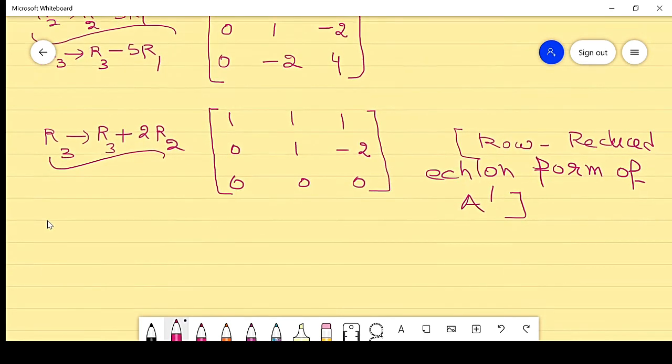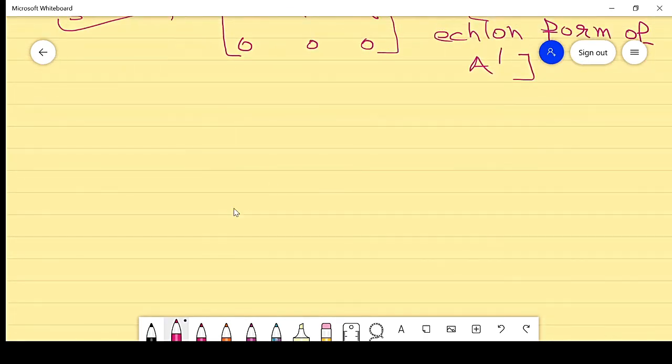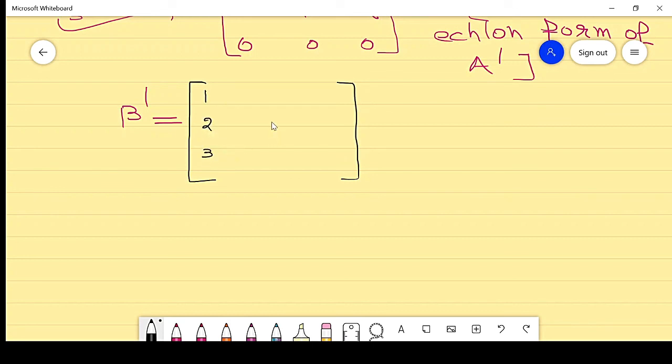Now we apply the same to B dash. First write B dash, which is 1, 2, 3, minus 2 minus 3 minus 4, and next is 7, 12 and 15.